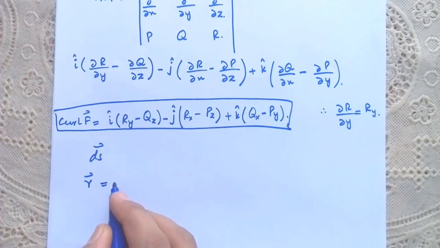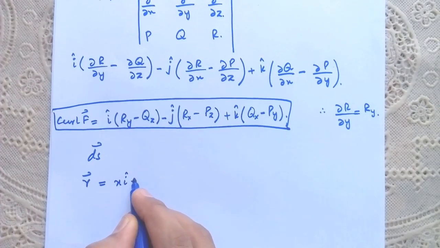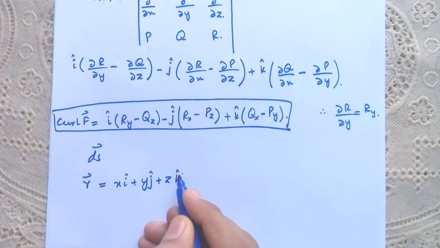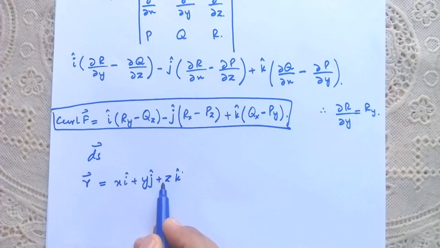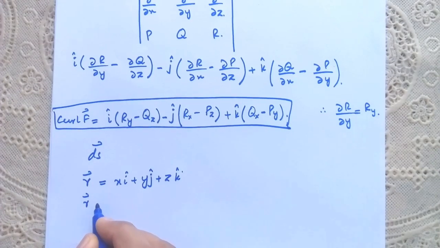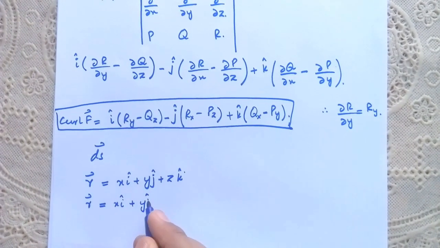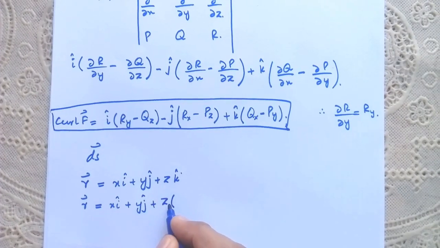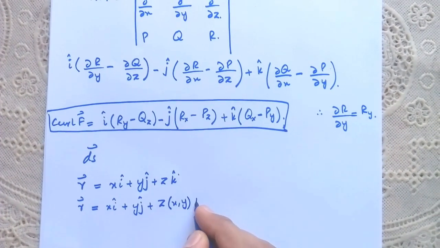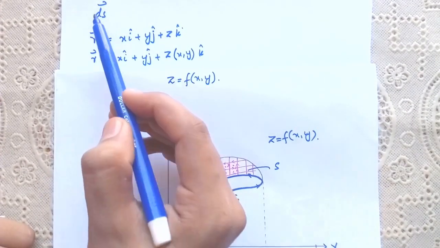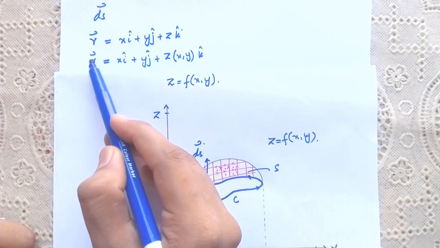Means r is equal to x i cap plus y j cap plus z k cap, and you know z is a function of x and y, so position vector r is equal to x i cap plus y j cap plus z of x y k cap, right? Now how do we define vector ds with position vector r?